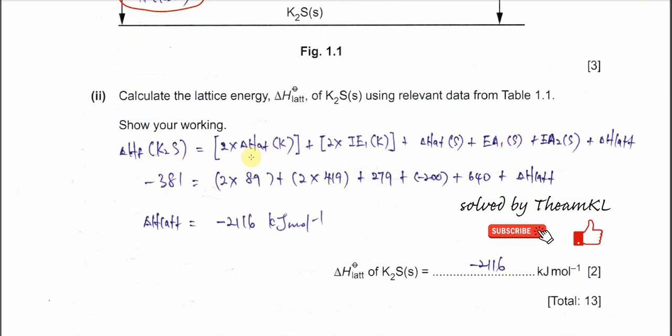Make sure you multiply with the correct factor for the atomization, i.e. atomization of sulfur, EA1, EA2, and lattice energy. Substitute all the values given by table 1.1 into this equation. So the lattice energy you get is negative 2116 kilojoules per mole. Okay, I hope you understand, and thank you.